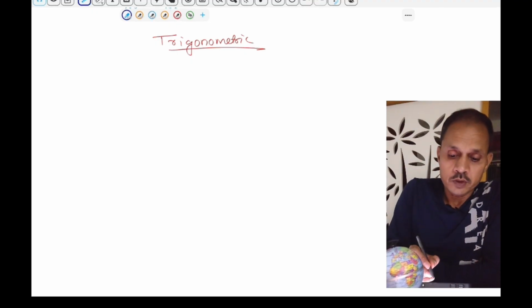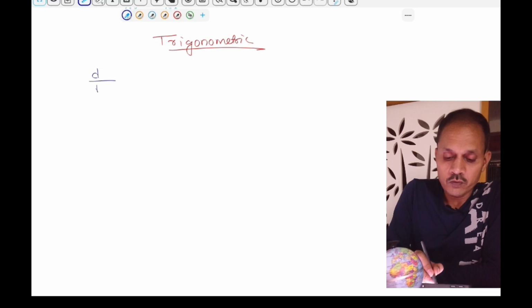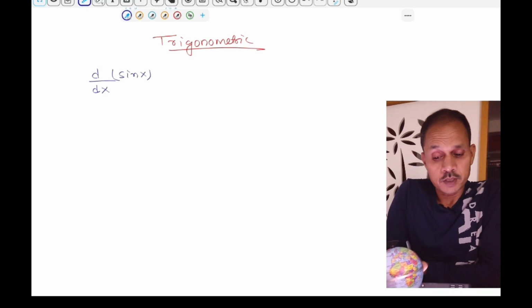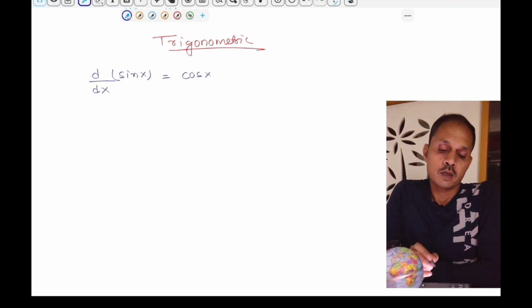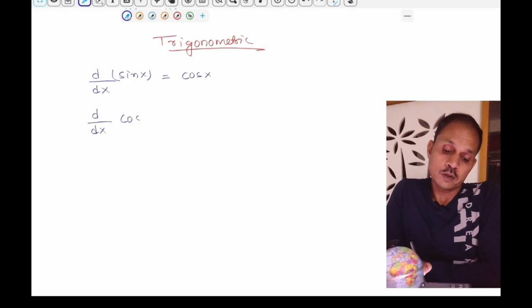Let us find out. d by dx of sin x is nothing but cos x. Similarly, d by dx of cos x gives you minus sin x.